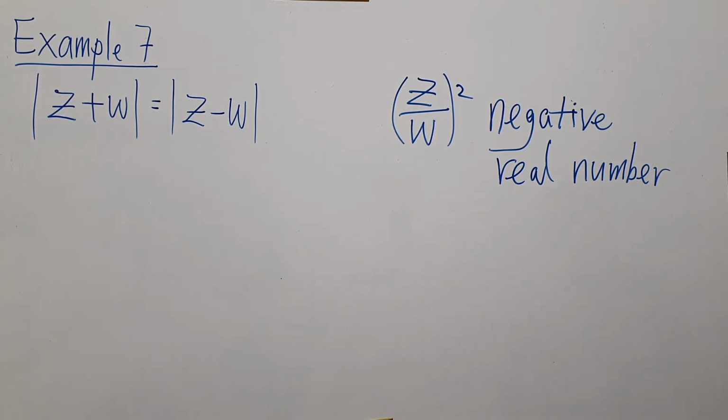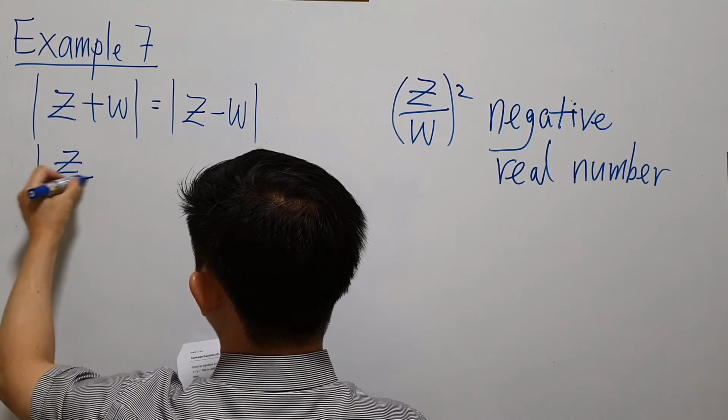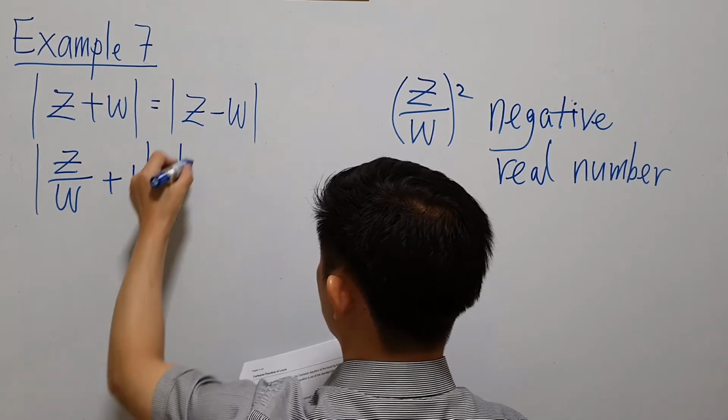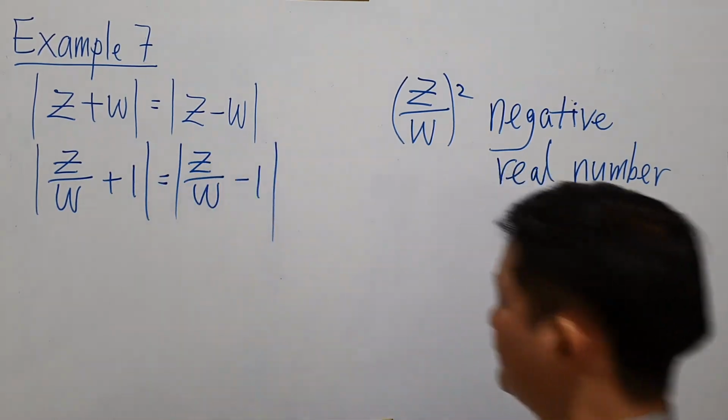Because both of them are non-zero, I could start off by dividing throughout by W. Right?